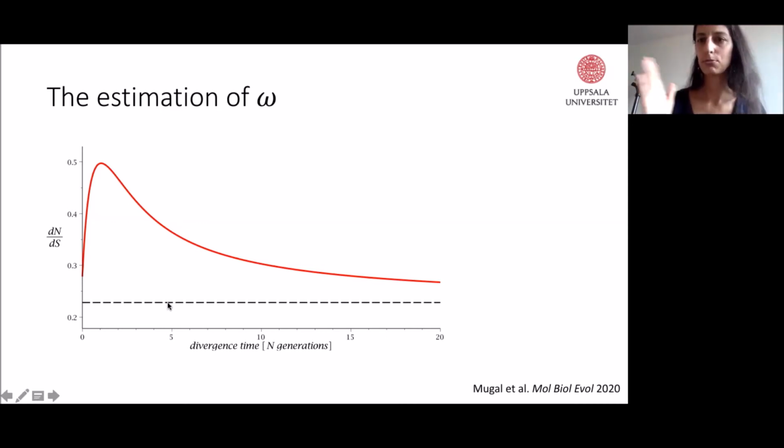Well, that's of course not precise, but maybe you can have an idea what this means. What we see here in the red line is that the estimate, the NDS, is actually hugely biased for short divergence time, and it's still biased quite a lot for divergence of human and chimpanzee, and it wanes off quite slowly, but it converges towards our estimate.